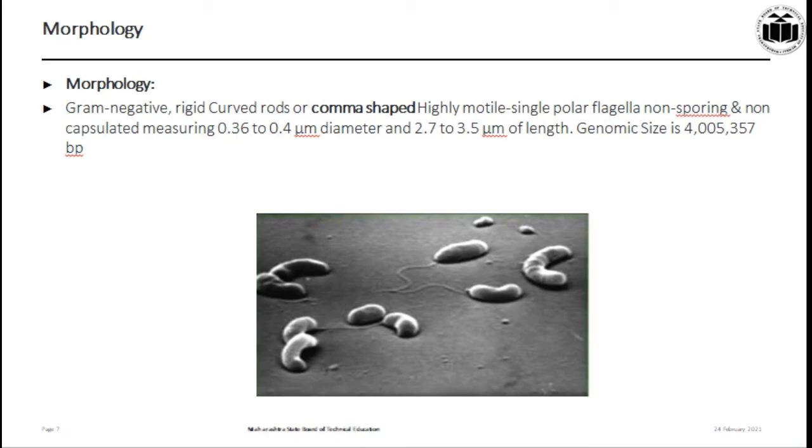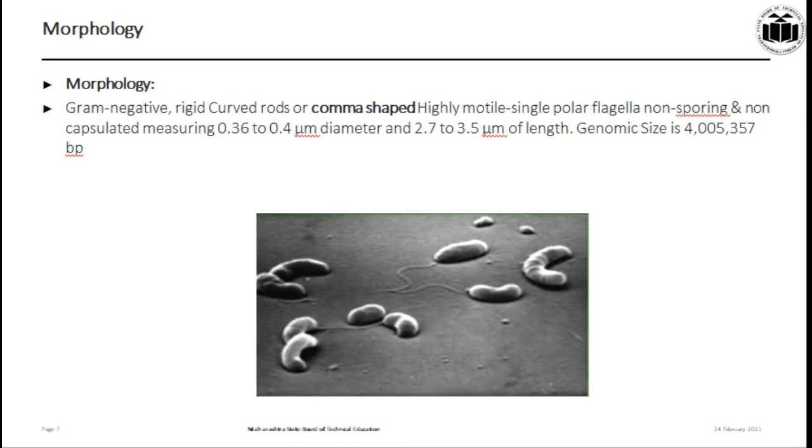The size ranges from 0.36 to 0.4 micrometer in diameter and 2.7 to 3 micrometer in length. The genomic size ranges up to 4 lakh base pairs.